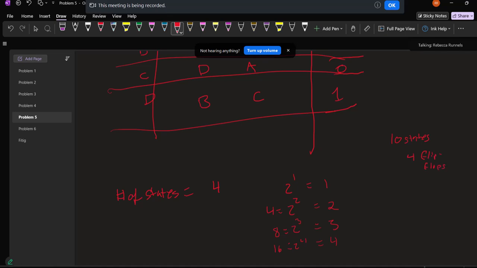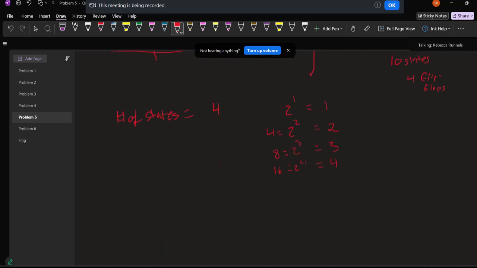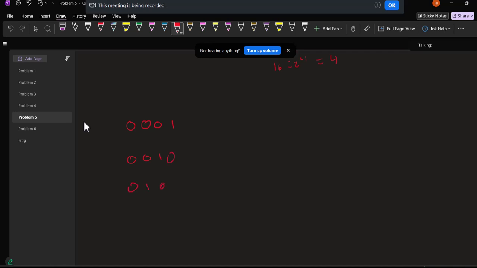But this one's different because it says use one hot encoding. What that means is I need to have just 1 bit being 1, like a decoder, for each state.